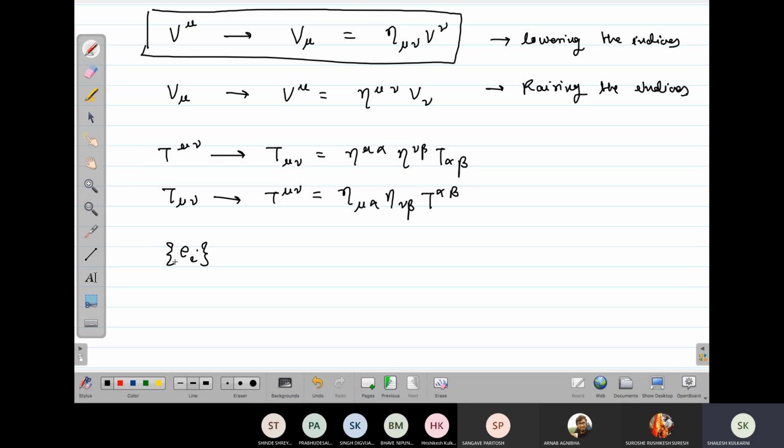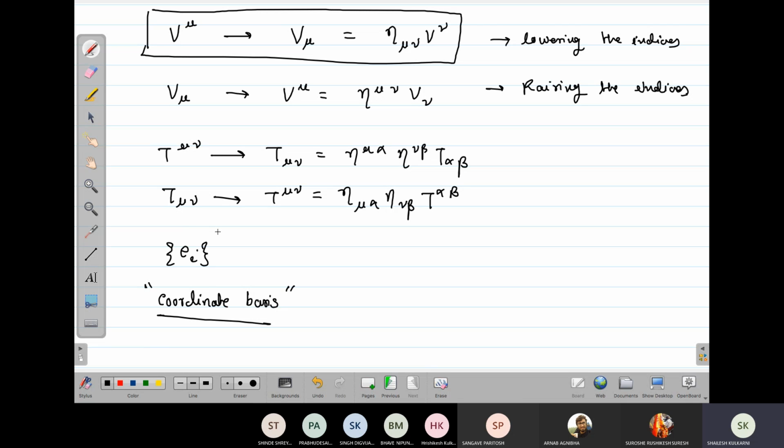Sometimes I assumed that this basis is orthonormal, that's it. But from now on we will use what is known as the coordinate basis, and in the next lecture I will tell you what we mean by coordinate basis. This is the only point which remains.